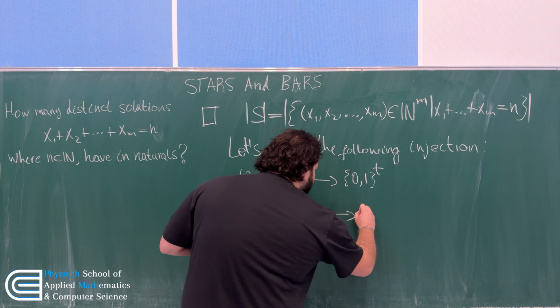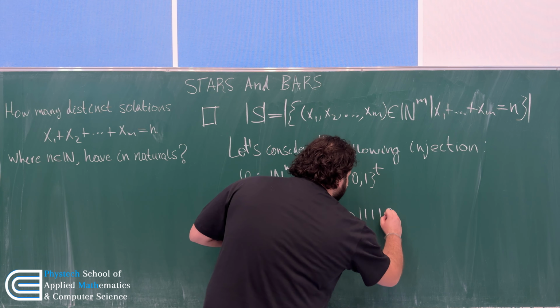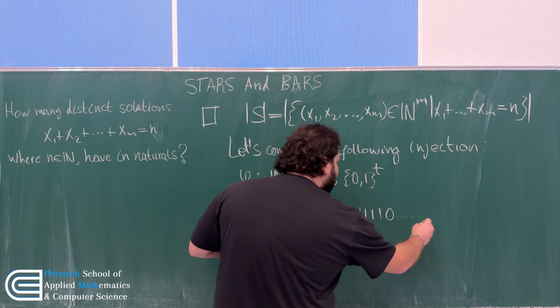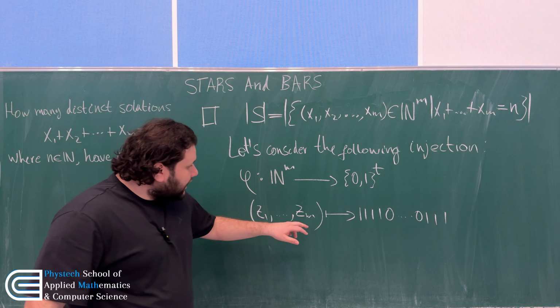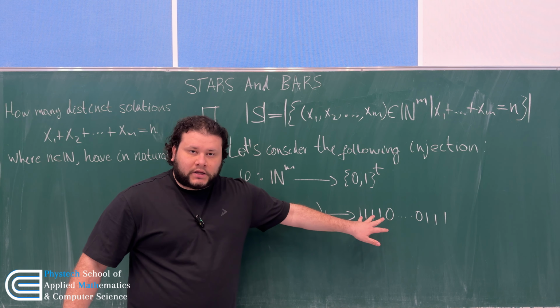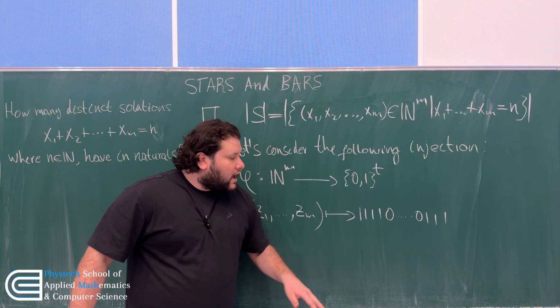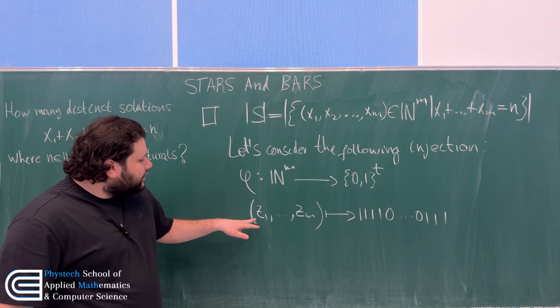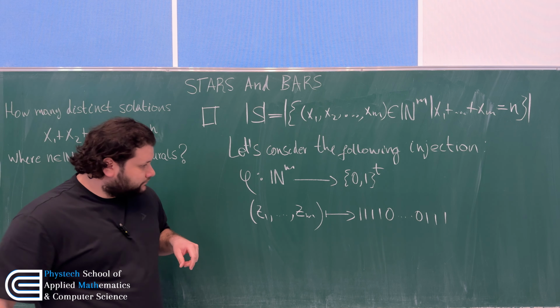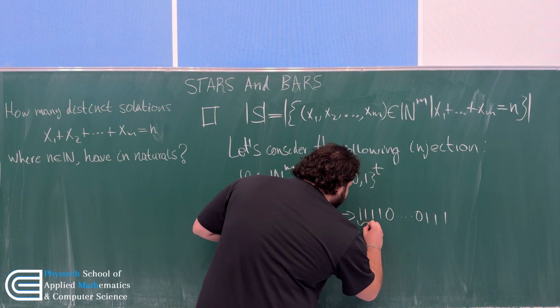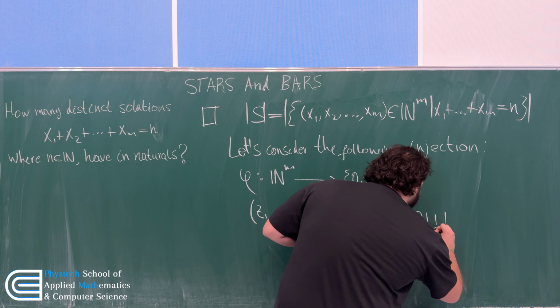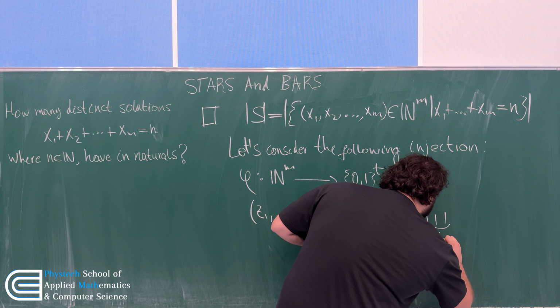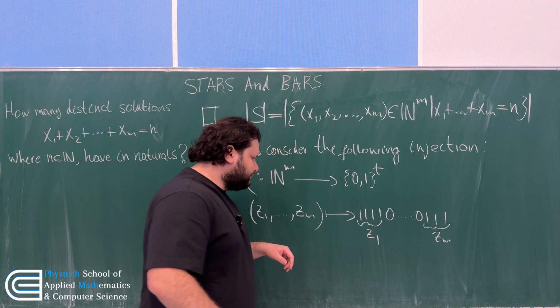For example, 1, 1, 1, 0, and so on, 0, 1, 1, 1. And what is going to be this one in here? These ones are going to be the number Z1. This is going to be Z1, and this is going to be Zm.